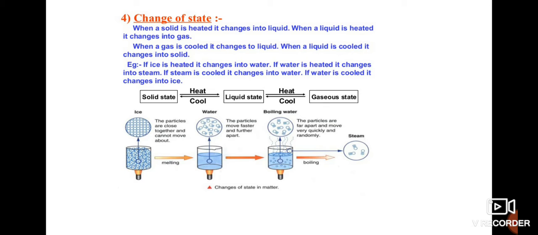On the other hand, when a gas is cooled, it will change to liquid, and when a liquid is cooled, it will change to solid. So basically, this is nothing but the interconversion of the states of matter. Heating and cooling are the two processes during which a particular substance will change its state from one form to another.